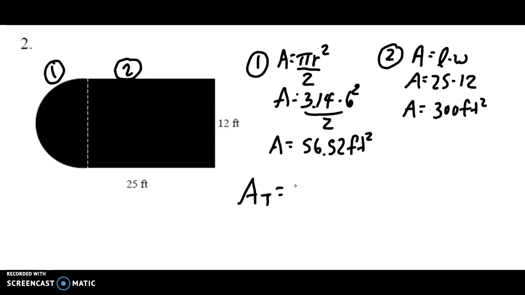They're both that dark region, so they both are part of the composite figure, so that means I'm going to add. So I'm going to do 56.52 plus 300 to get a total area of 356.52 square feet.